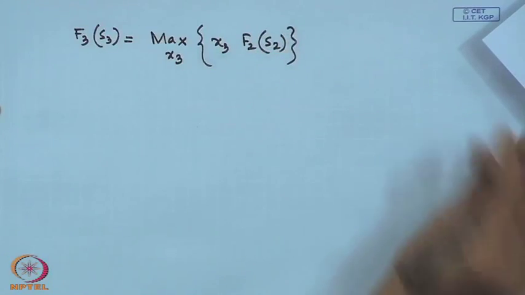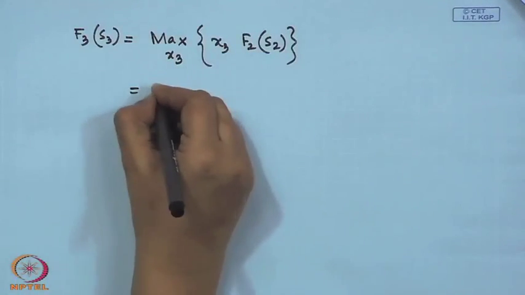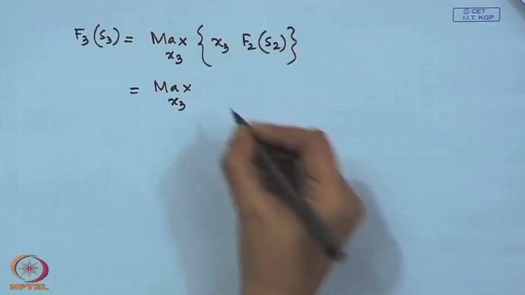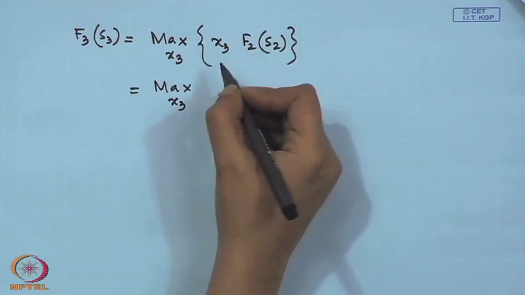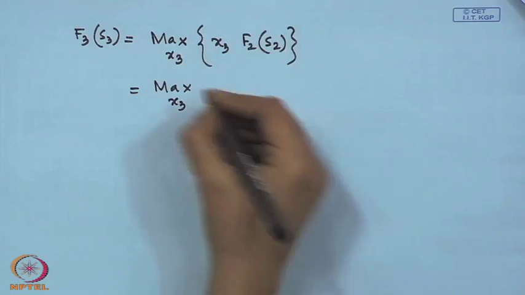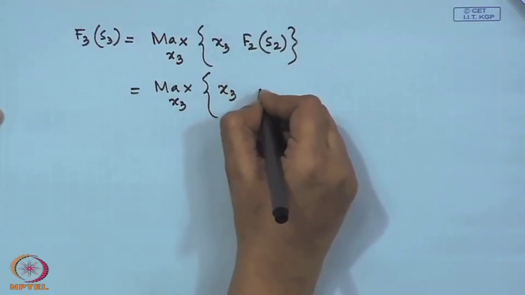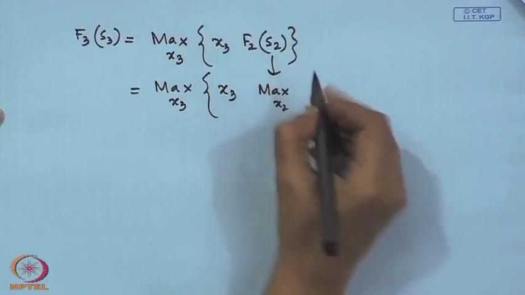And f2 s2, just now we got this value, that is why here also we can write down the same, and we will just convert this optimization problem into a single variable problem. How? Just see. What is f2 s2?